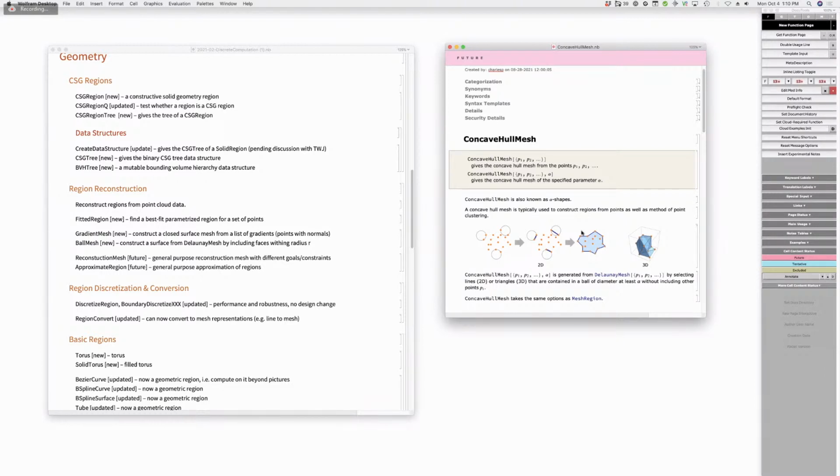It's a different goal than some other goals. For sure, and if you look at reconstruction mesh, we kind of start to explicitly document those different goals and constraints. So you need kind of a language to describe what you want at the end. I have a spelling mistake there in reconstruction. Yes. It's an R missing.